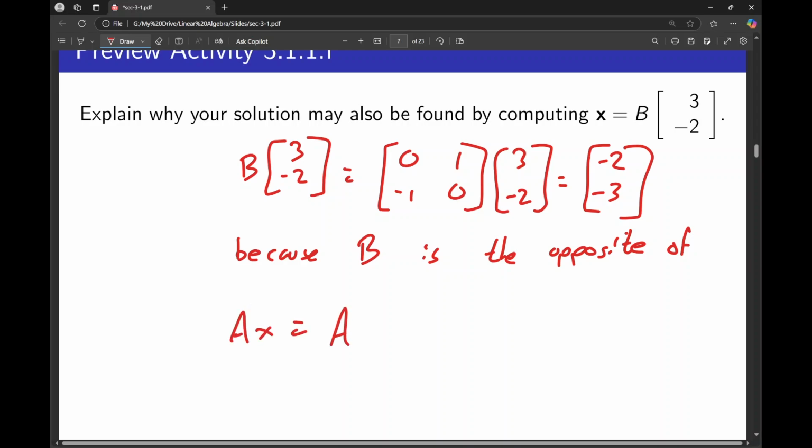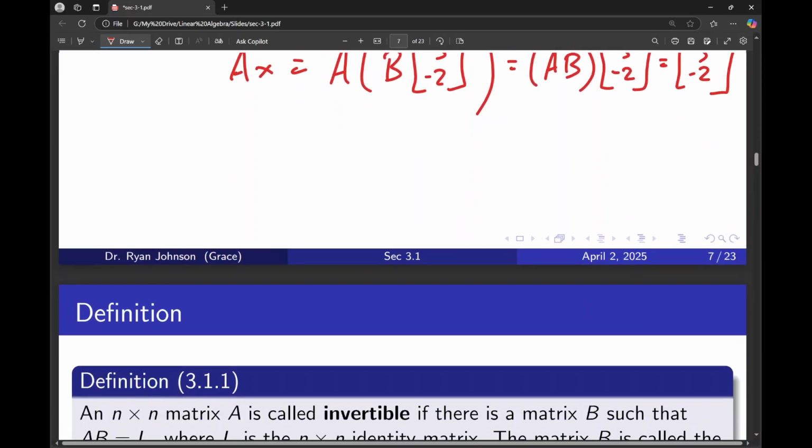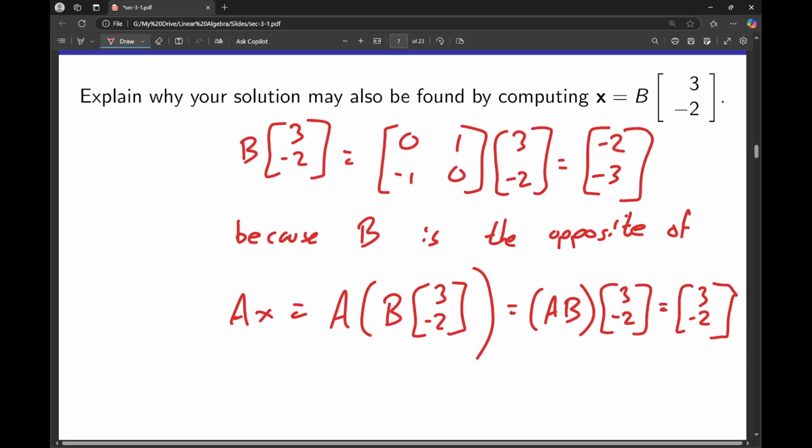Then substitute for x as B times 3, -2, would equal AB times 3, -2, which would equal 3, -2, because A and B cancel each other out. So B kind of prematurely undoes A, so you can solve for x that way. Okay, I think that completes the preview activities, so we'll stop this video there.